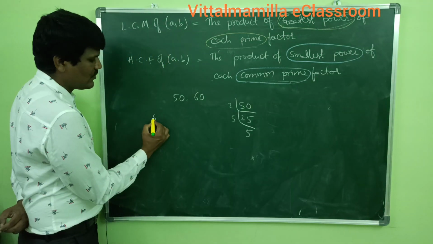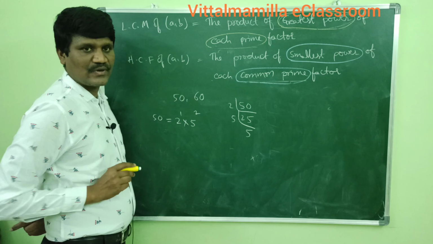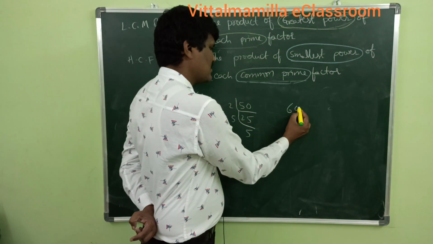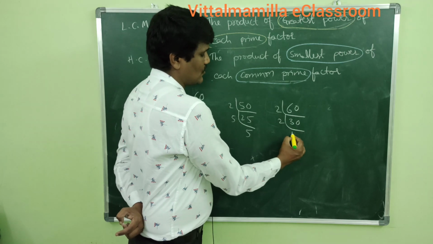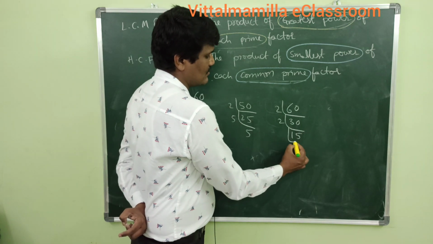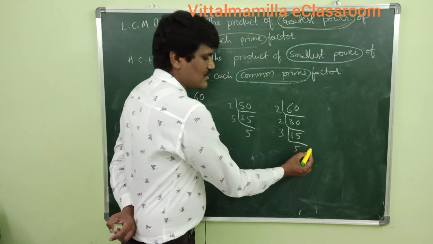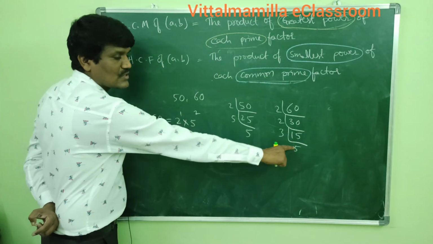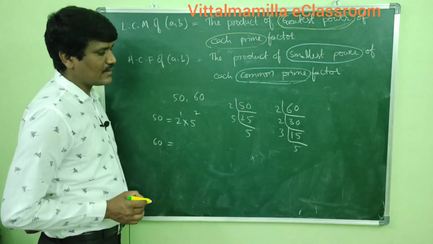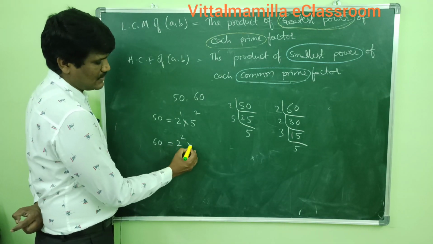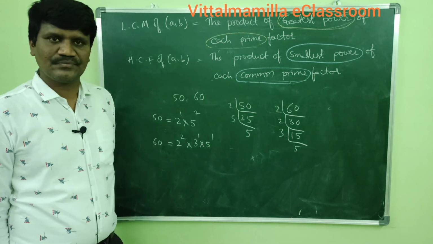That means I can write 50 is equal to 2 power 1 into 5 square. 60's prime factorization will be 2 thirties, 2 fifteens, now 3 fives. So it should stop here. That is, 60 is equal to 2 square into 3 power 1 into 5 power 1.